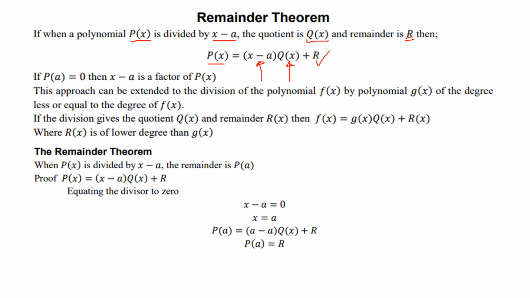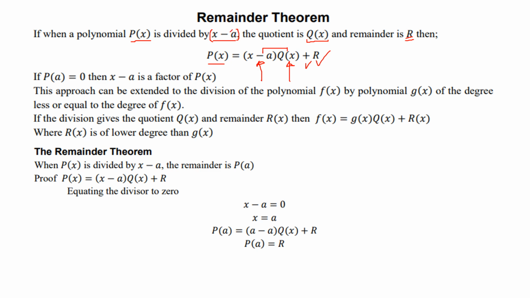So notice that the divisor and the quotient multiply each other, but for the remainder we introduce an addition sign. And when you are getting the remainder, you take your divisor or the factor, and then you equate it to 0.